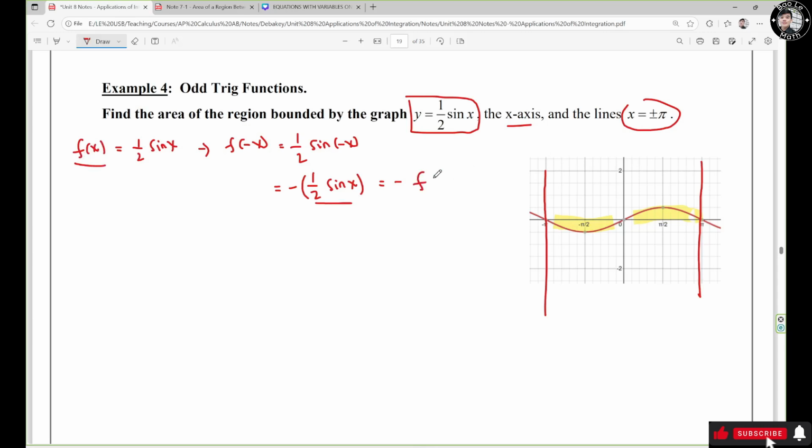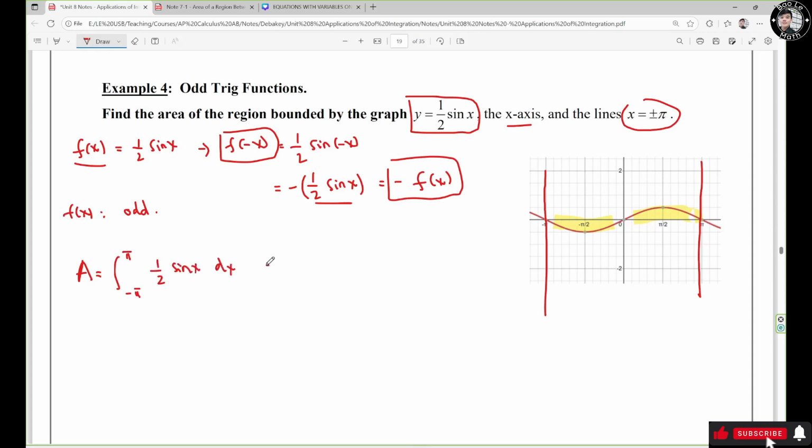So it will be negative f of s. Now I just proved that f of negative s equals negative f of s. So this tells us that the function f of s is odd. So the integral from negative pi to pi of 1/2 sine s ds is 0.